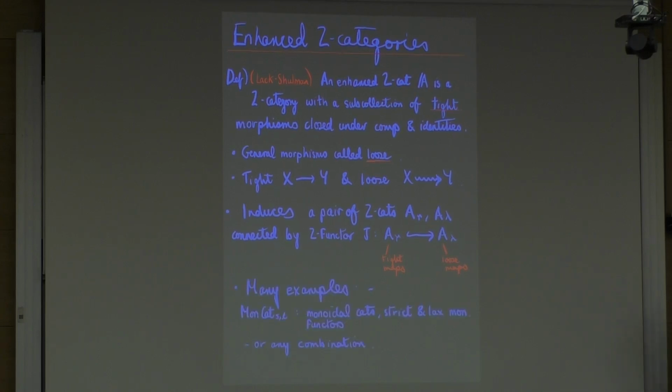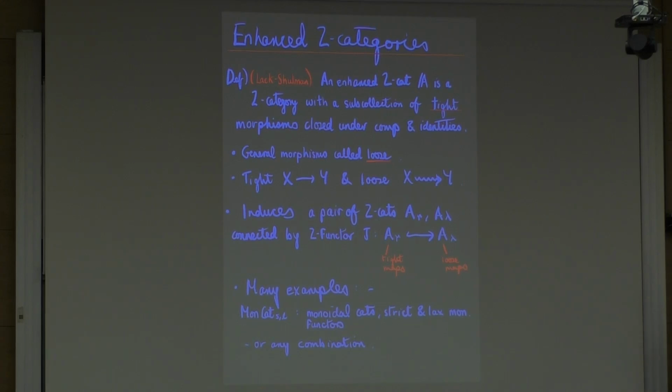But of course there's many examples. So whenever you have a 2-category with 2 kinds of map, one more special than the other, you have that. So for example, monoidal categories, strict and lax maps, or strong and lax maps, or strong and prolax maps, or anything you want. Or fibrations and Cartesian functors and just lax morphisms, all this sort of stuff.